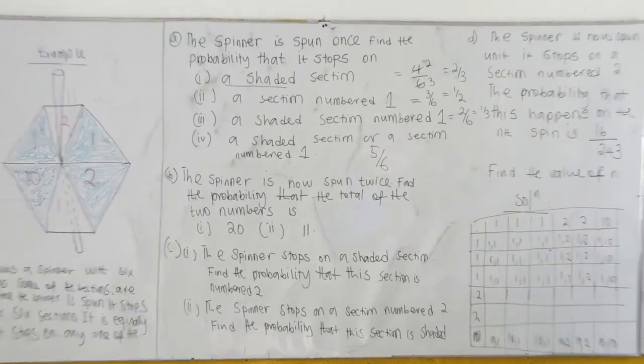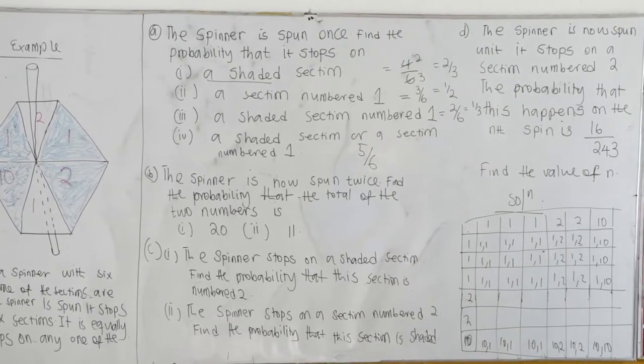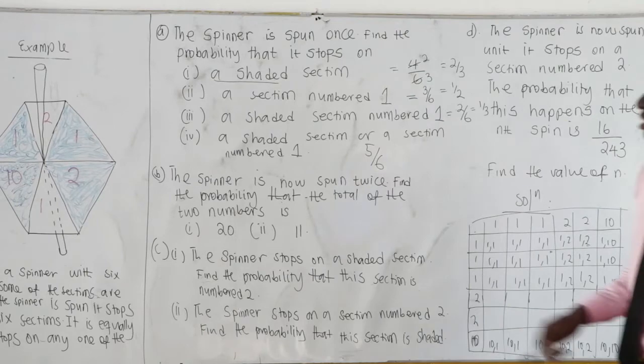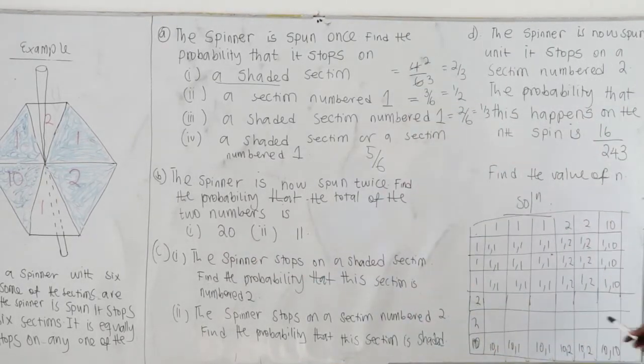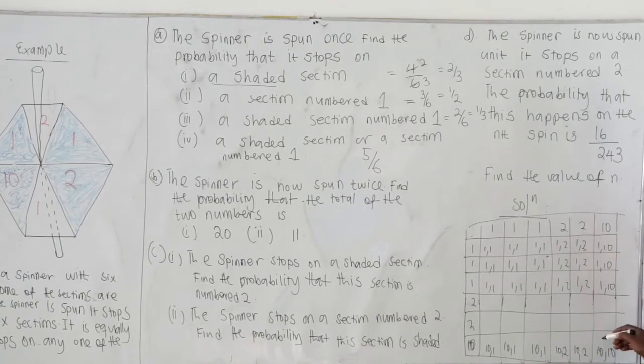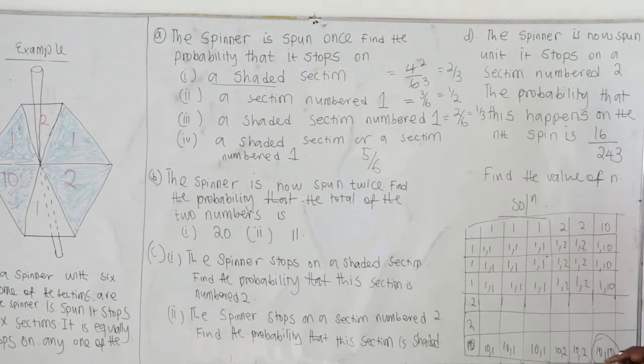Now we are looking for if the sum is 20, then that will be only this, because 10 plus 10 is 20.